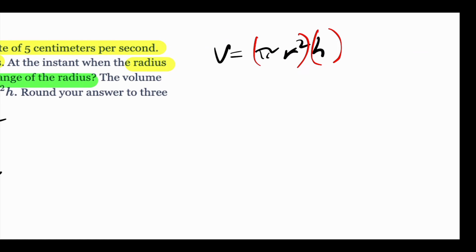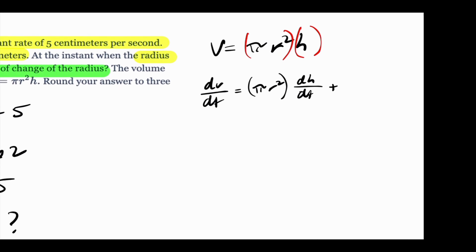Okay, all right, here we go. dV/dt equals the first times the derivative of the second, which is just 1 dh/dt, and then the second times the derivative of the first, so that would be 2 pi r dr/dt.